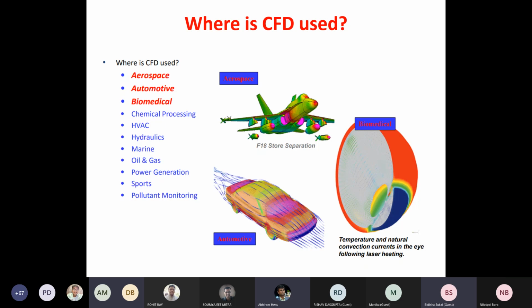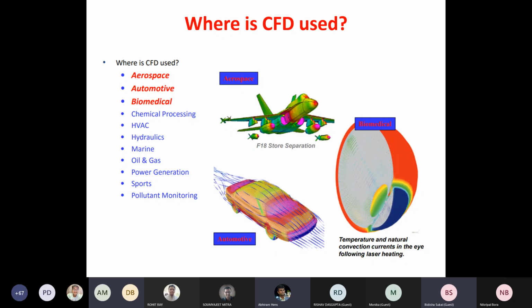Although CFD has two broad classifications, which I will tell you about later, it can be broadly classified as compressible flow and incompressible flow. You know what compressibility and incompressibility mean, you have the basic idea. So in aerospace applications, mostly compressible fluid dynamics is used, and most of the time mechanical engineers or aerospace engineers are interested in it.